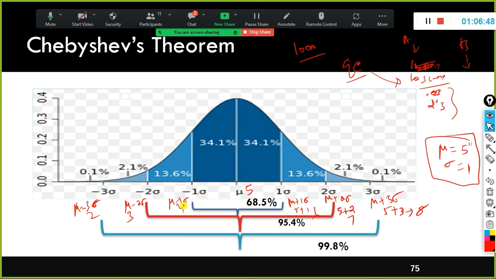Let's say this is the height. The height of each screw: 68% of the 1000 screws manufactured range in height between 4 to 6 inches.